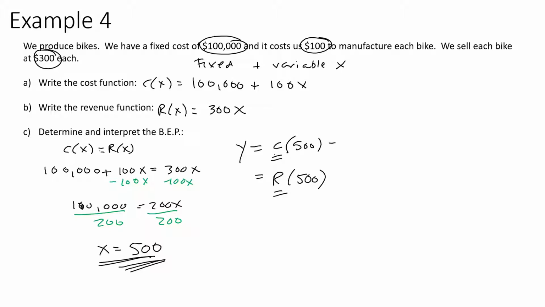I'm going to calculate both of them just to show you that they are in fact the same. All right, so right now I'm plugging 500 into my cost function. And down here, I'm going to plug 500 into my revenue function.